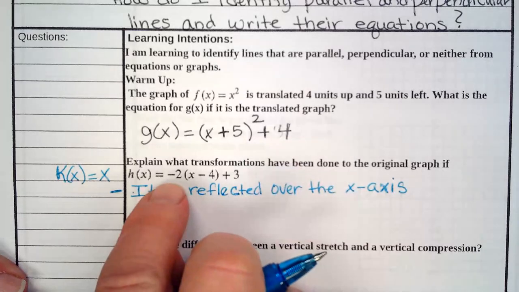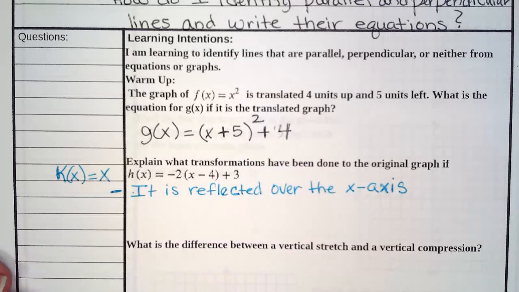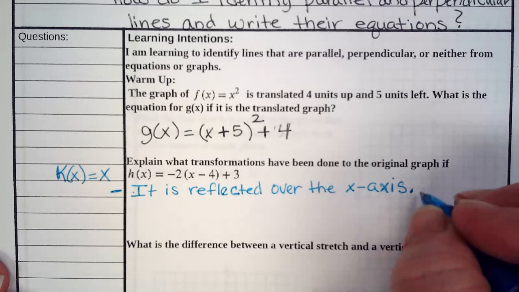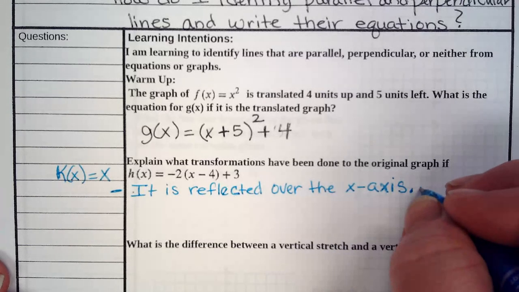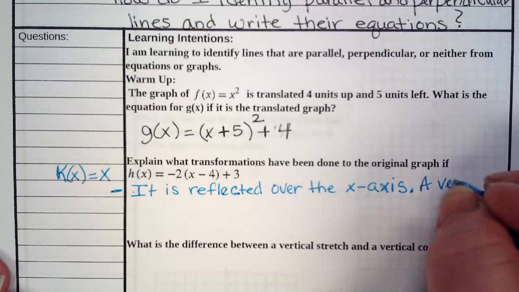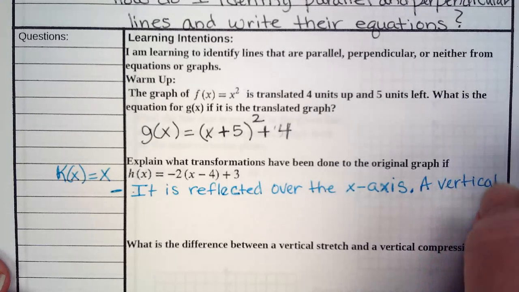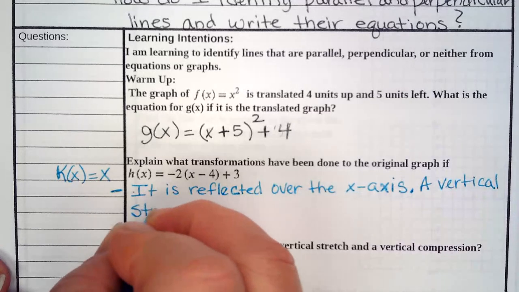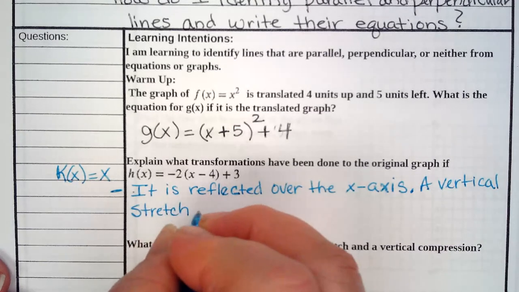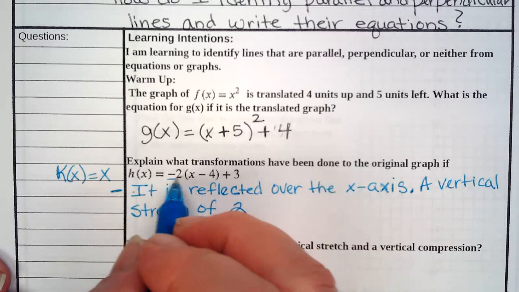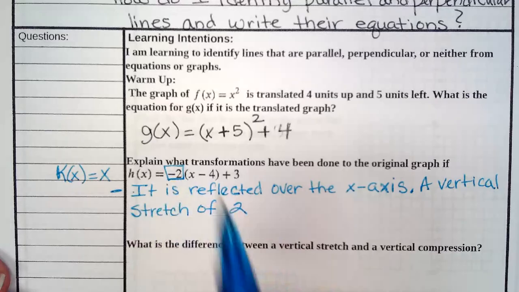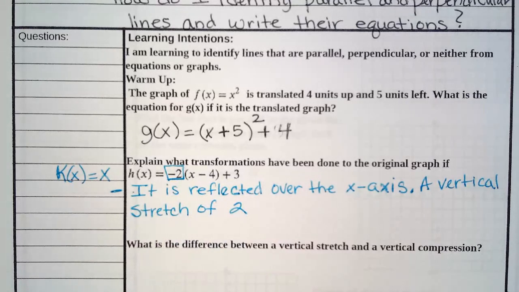Okay, I've multiplied by 2. What is that? Is it a vertical stretch or a vertical compression? A vertical stretch of 2. So now we've taken care of this. That's what those two things tell us.